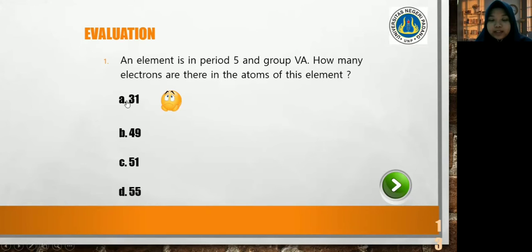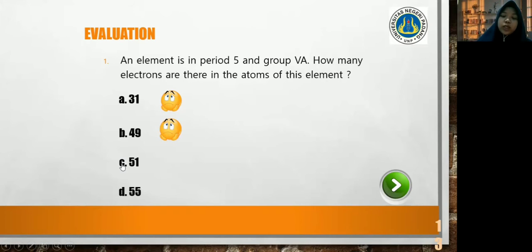We can see the answer A is false. Okay, next we choose option B. Okay, this is false too.